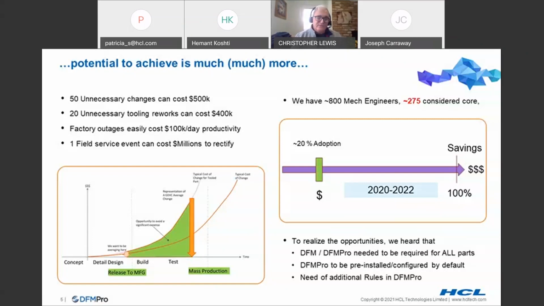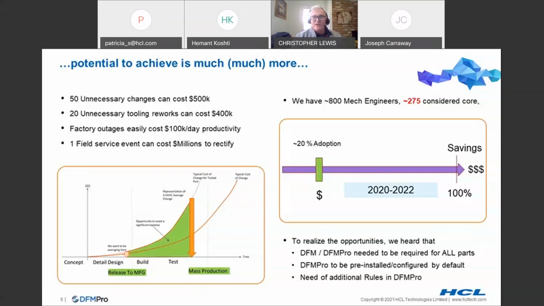And based on those numbers, and looking at the license logs and the like, we came to a stab that we're about 20% of our realization of value from our investments in DFMPro, and not just the tool, but the training, the IT support, and all the rest of it. And we want to get much closer to the 100%.